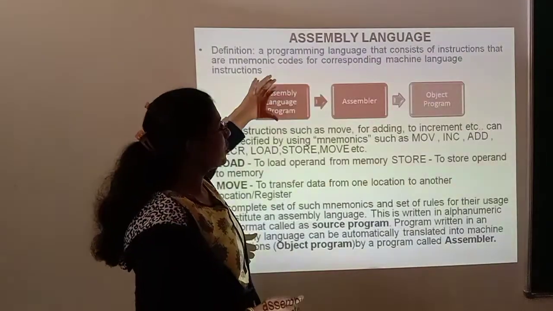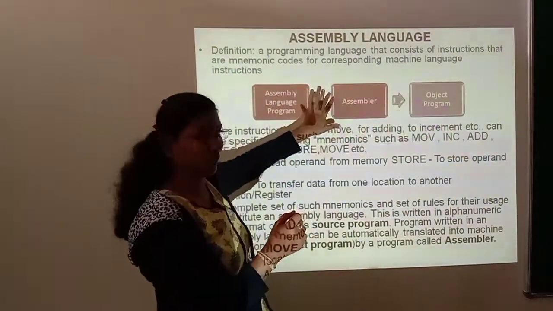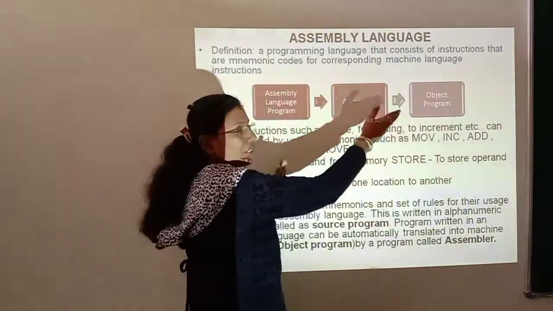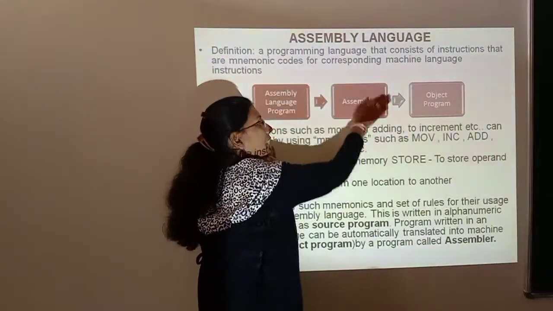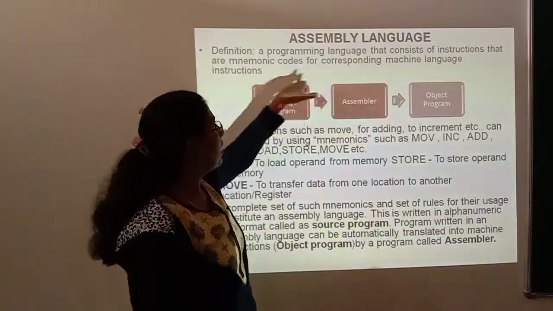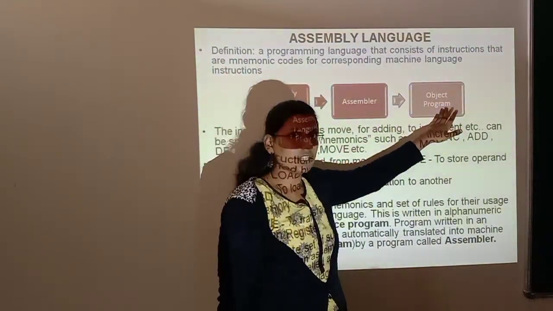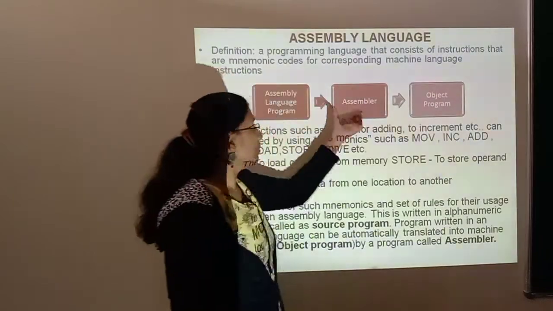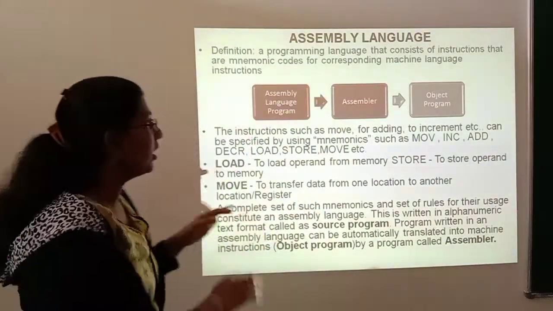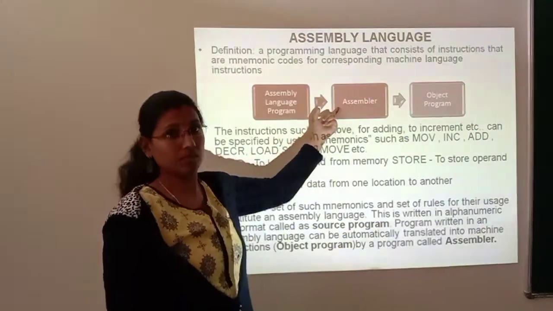So the assembly language has to be converted into an object program, and only this object program can be understood by the computer. To do this conversion from assembly to machine, I need an assembler. The assembler will convert an assembly language program into an object program, or machine instructions, that is, into a machine understandable format. That is what an assembler does.